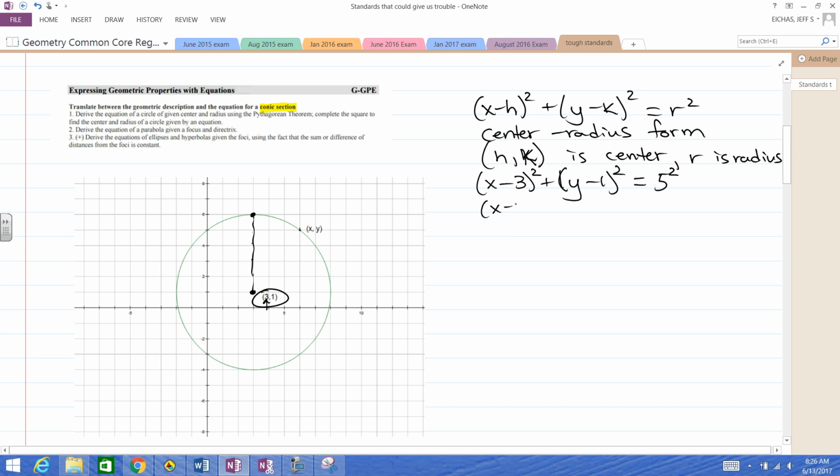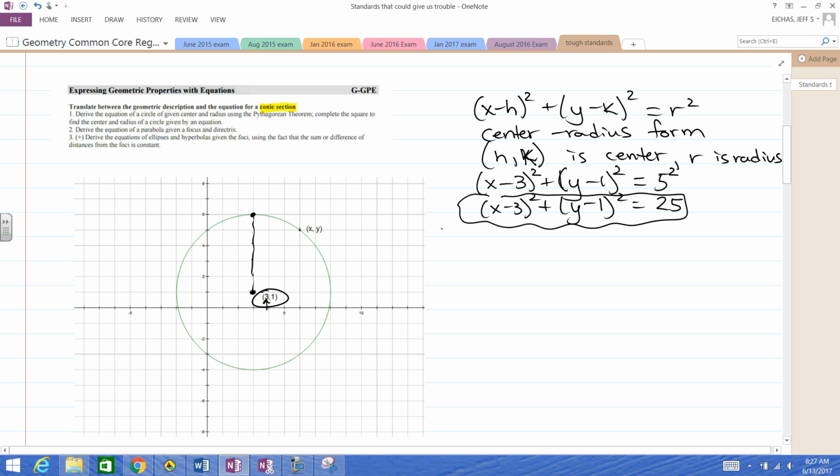So you're going to get X minus 3 squared plus Y minus 1 squared equals 25. Your choices will have plus signs, and instead of 25, it'll be 5 or maybe 10, doubling it. They'll try to throw some decent distractors at you. Make sure we really stay focused on this one. It's a problem that we can't miss.